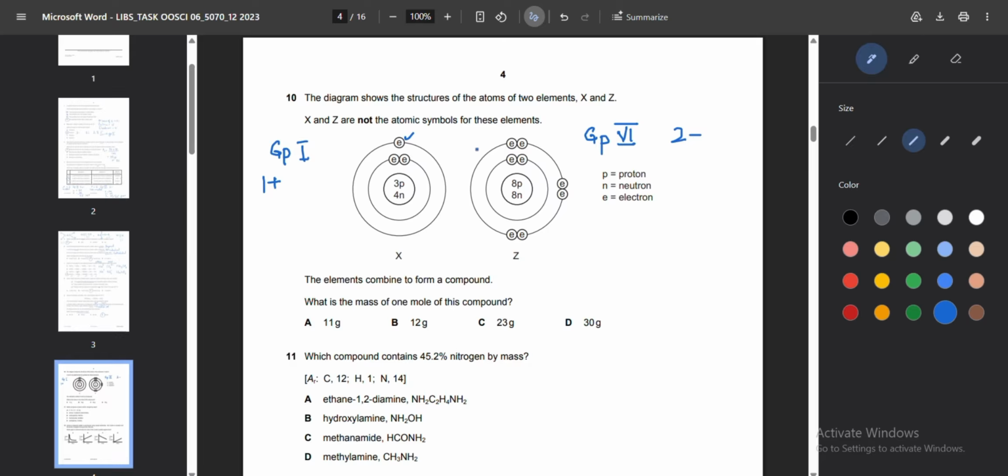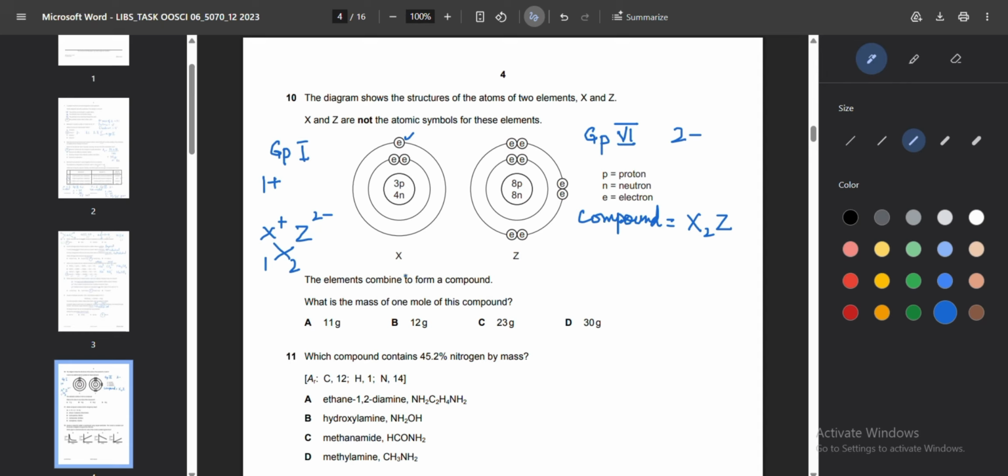So X will lose 1 electron and gain a charge of positive 1, whereas Z can gain 2 electrons and gain a charge of negative 2. If you try to write its formula, just swap their charges. The formula of the compound would be X2Z.